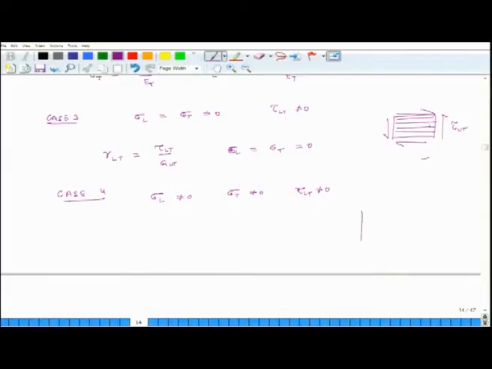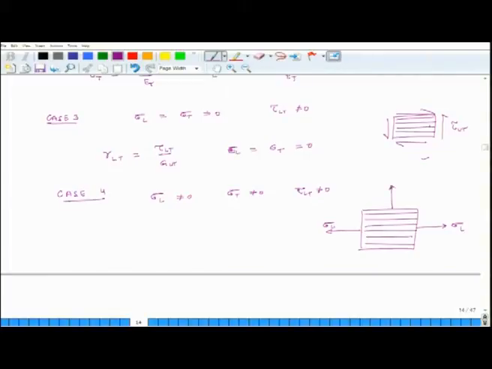So, how does the loading look like? So, this is my orientation of fibers. I am applying a stress in the longitudinal direction.